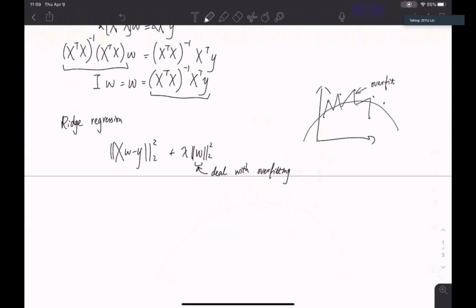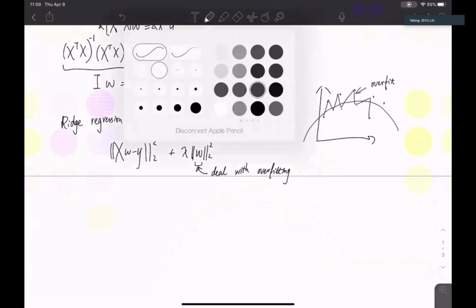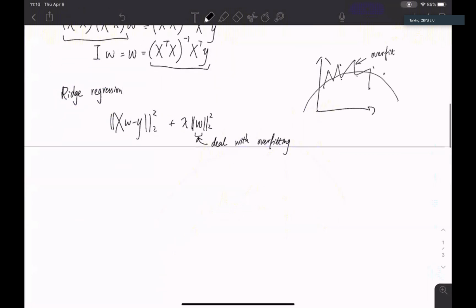Okay, we can go through the ridge regression, but it will feel very similar to what happened before. So let's do a similar thing. First, write those in terms of transpose.